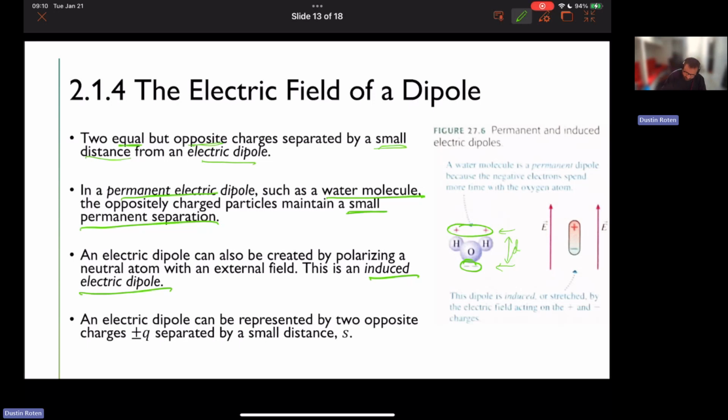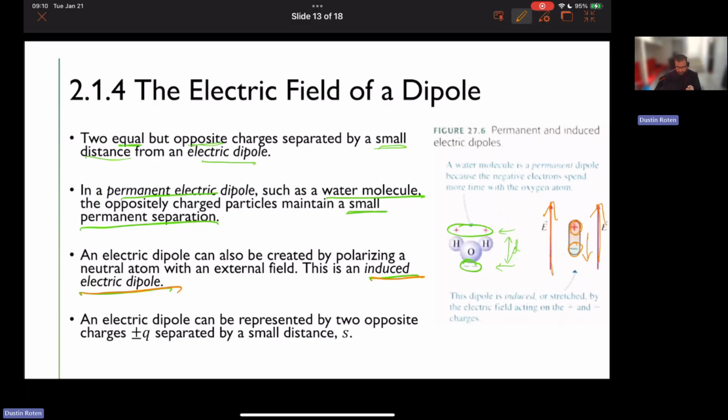In this case, we could apply, let's change this to orange, a strong electric field. The electrons in the electron cloud of an atom will be drawn down along this electric field.